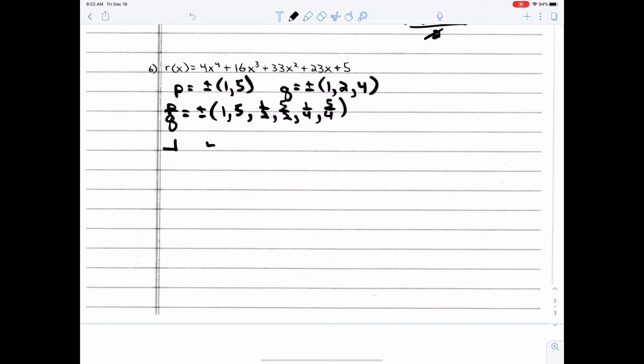So we have 4, 16, 33, 23, and 5. All right, let's try 1. So we got 4, 20, 23. This is not looking good. 53, 76, 76. That is not going to give us 0, so we'll get rid of that.